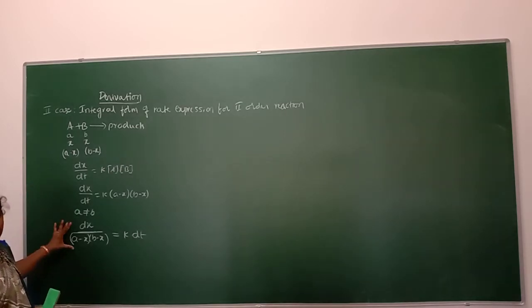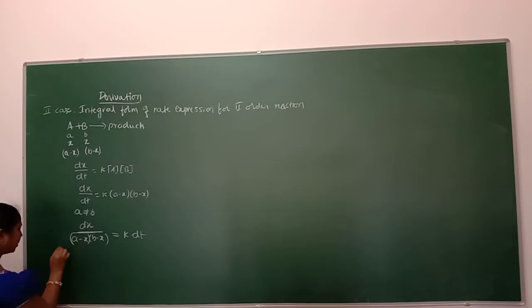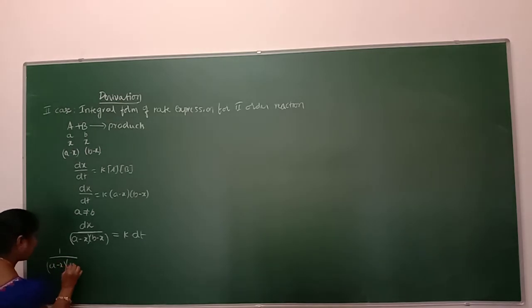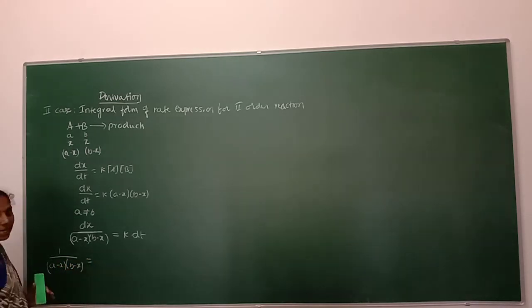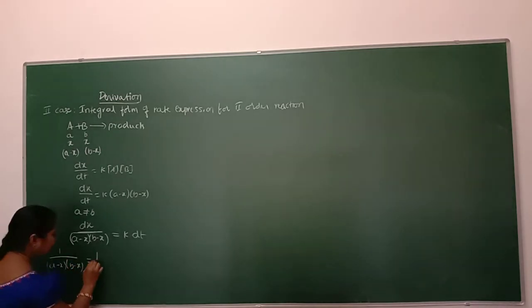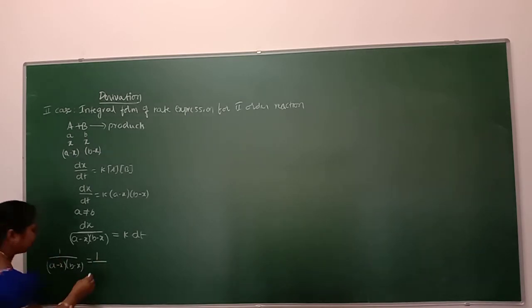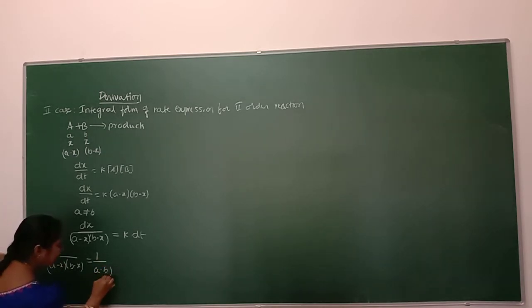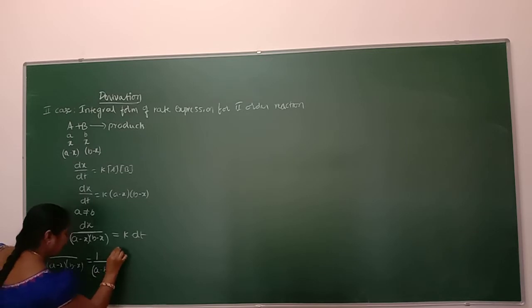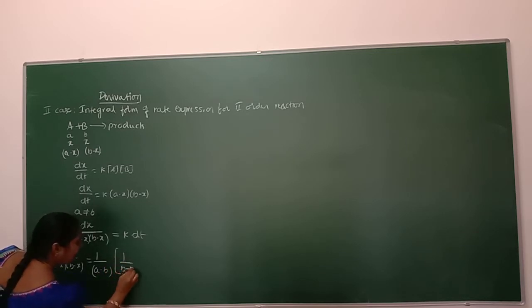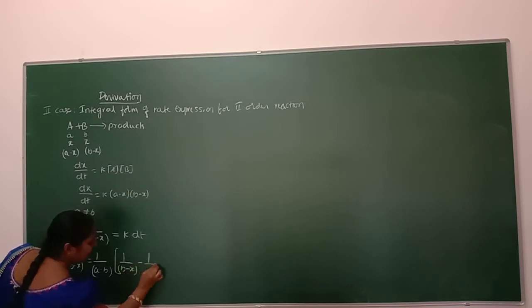To simplify this equation, we have to use partial fractions. By using partial fractions, the ratio 1 divided by (a minus x) into (b minus x) can be represented as 1 divided by (a minus b) into [1 divided by (b minus x) minus 1 divided by (a minus x)].